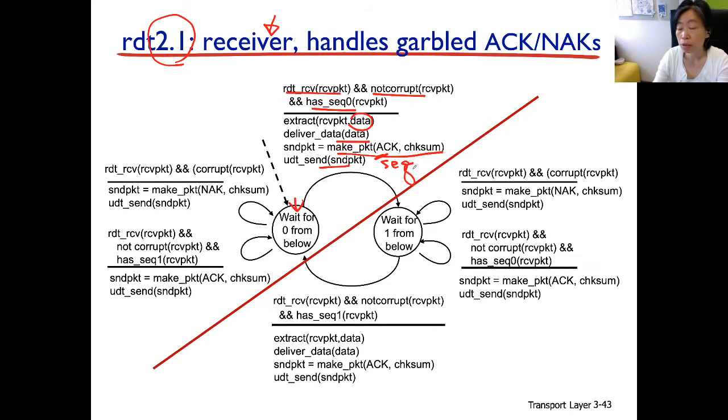And what is the sequence number of the data packet received okay? Well, we just actually received 0. So, you're correct. The ACK packet we're generating here for RDT 2.2 should carry sequence number 0. Once we finish all the actions, we finish the transition and move to the next state, wait for 1 from below.